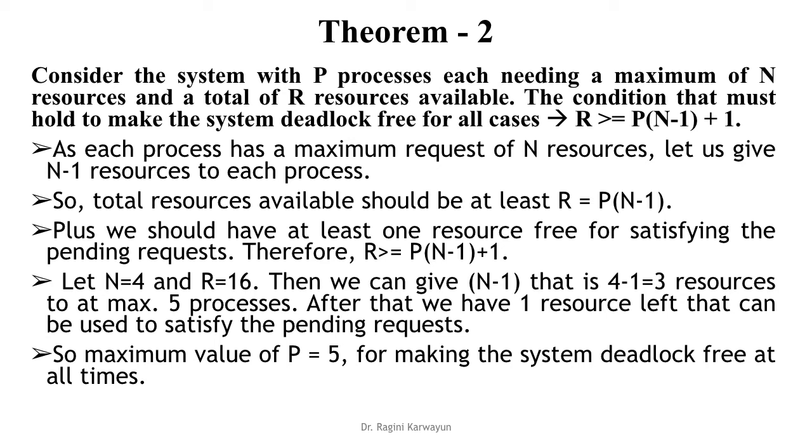So the maximum value of p is 5 for making the system deadlock free at all times. So we can actually use this formula to find out the maximum number of processes that can be supported to make the system deadlock free for all times.